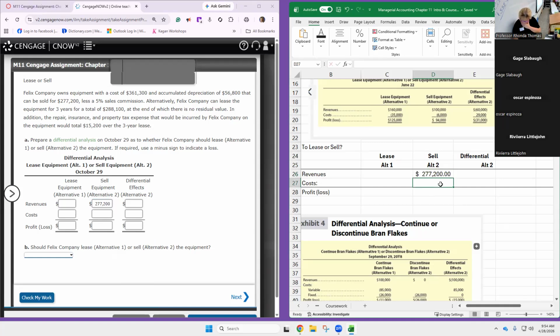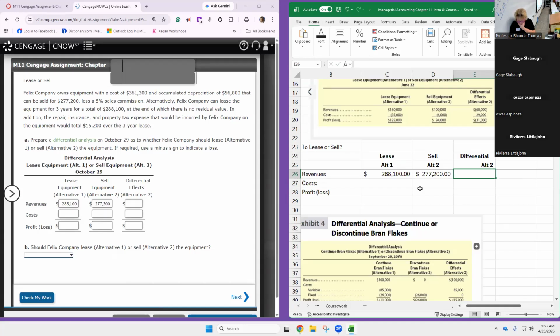Okay. And then here is the alternative for leasing. So it goes here. Leasing, 288,100. And it goes here, 288,100. Now we're going to subtract here.